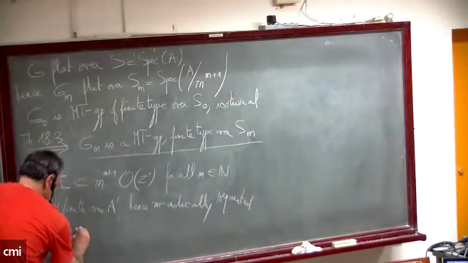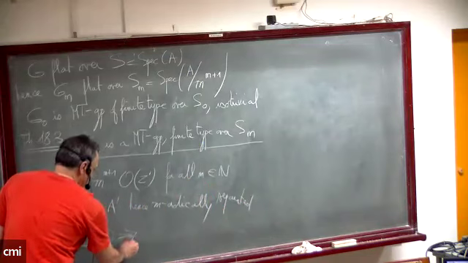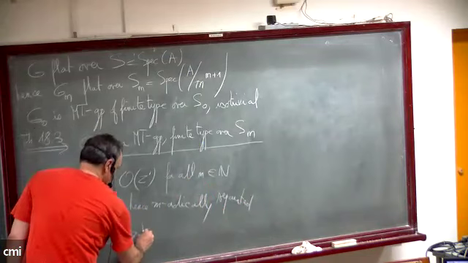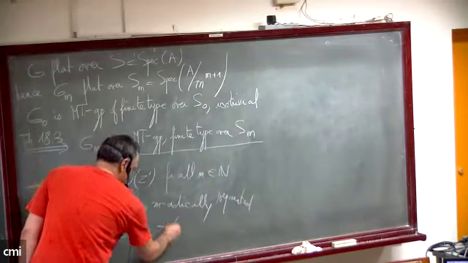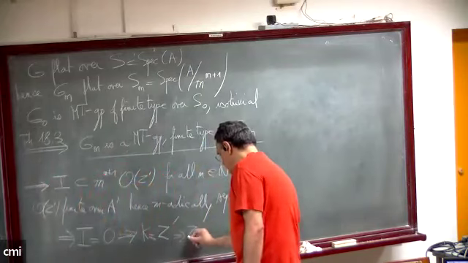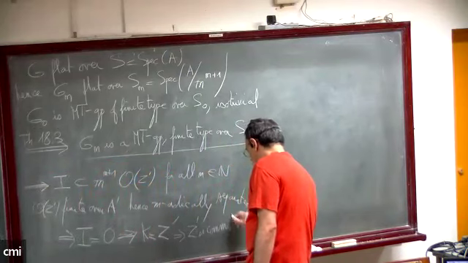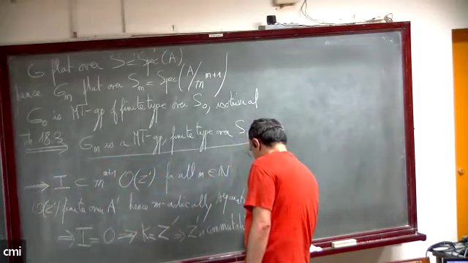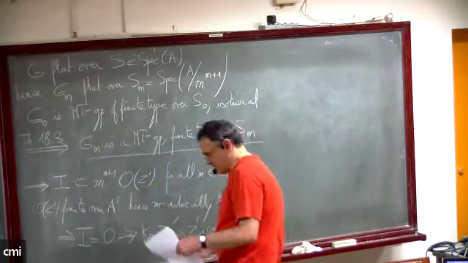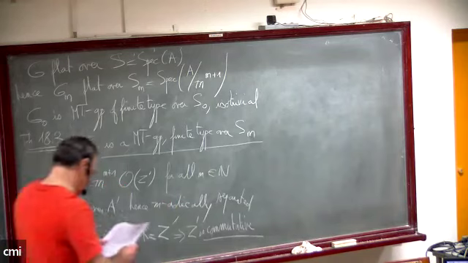And so I is the zero ideal, and so K is equal to Z prime, and so Z prime is commutative. Okay, so we are almost done. It remains to prove that it is of multiplicative type.